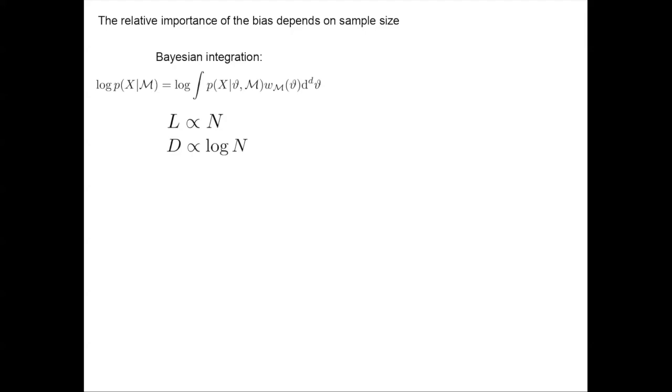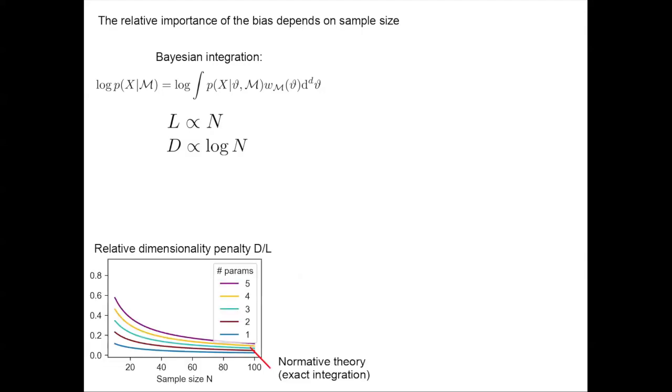As we saw very quickly in one of the initial slides, in the case of Bayesian integration, when you're computing evidences, the log likelihood, which was the first term in the expansion, the goodness of fit, typically scales linearly in the number of observations, the number of data points, and the term for the bias against models with high dimensions was proportional to the log of the number of data points.